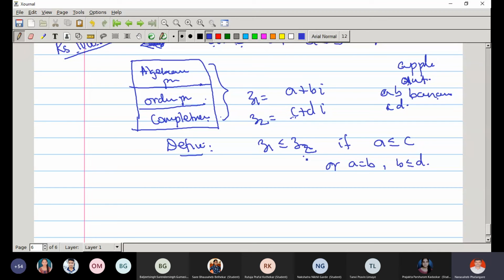So just like in a dictionary, if first letters are the same, then compare the second letters. That order you can define, but that order is not useful for completeness. And therefore there is no completeness property as such with respect to this order. Correct?